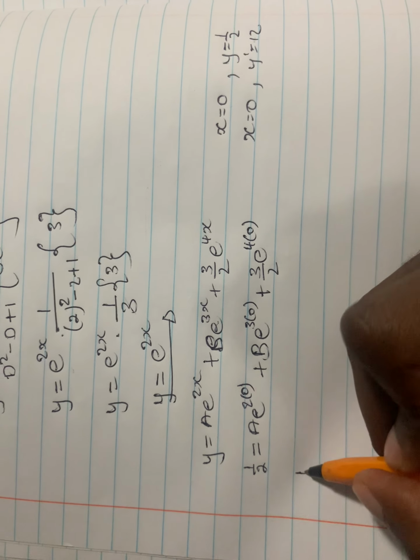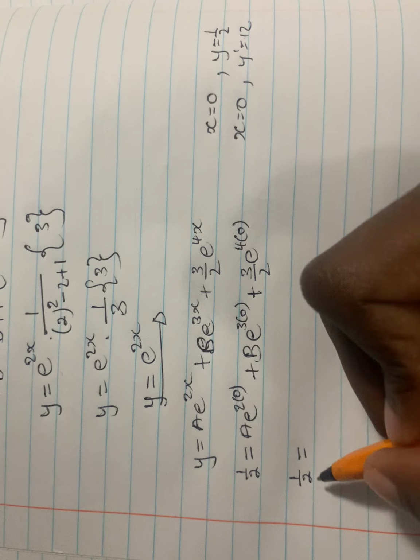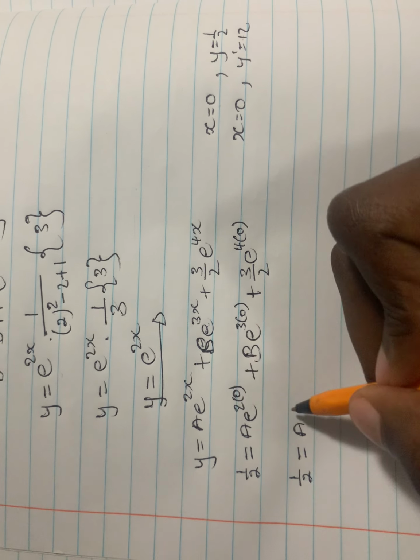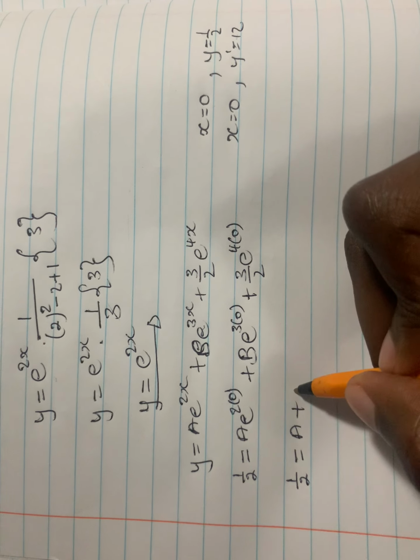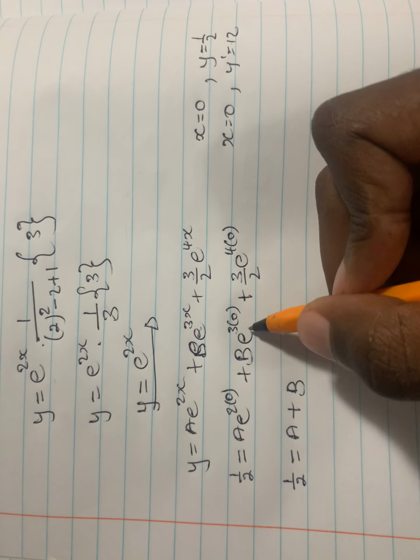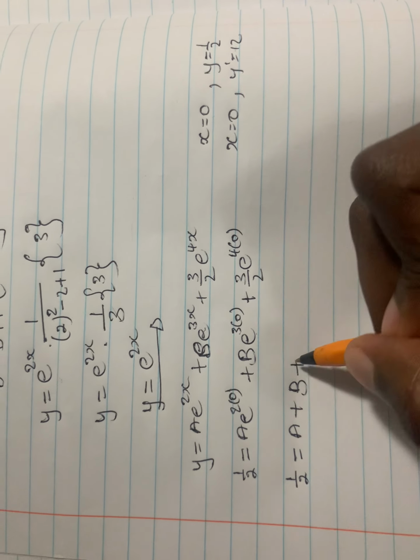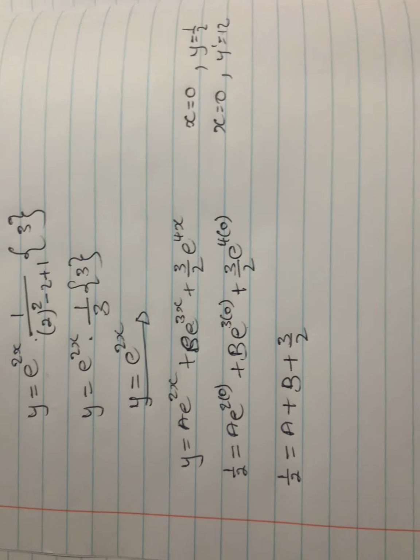Okay, so we have 1 over 2 equal to a, because e to the power of naught is 1, plus b e to the power of same thing. Okay, then we have also plus 3 over 2.